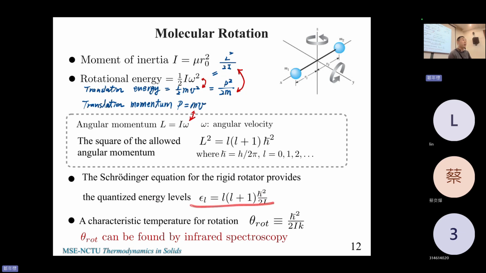I don't know why; we just use the solution of the Schrödinger equation for the rigid rotator. And also, what is L?